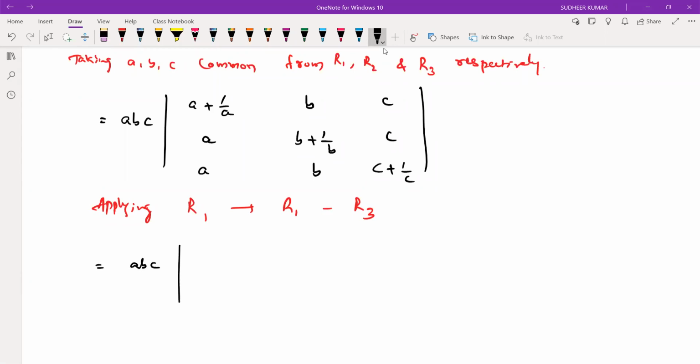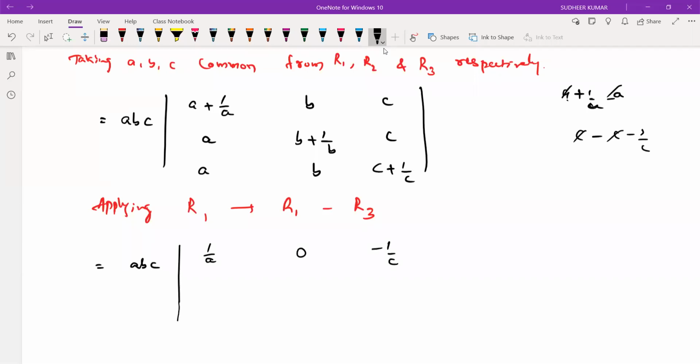Next, if we subtract, a plus 1 by a minus a, these two get cancelled, so 1 by a. Next, b minus b is 0. Here c minus c plus 1 by c means c minus c plus 1 by c, which is minus 1 by c.